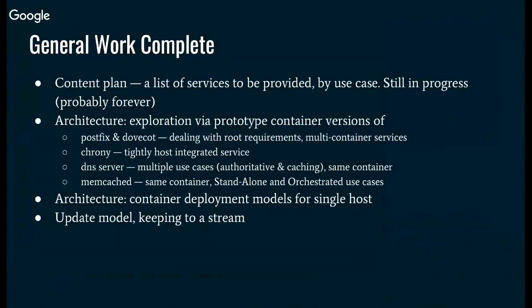We call that deployment model standalone versus, say, an orchestrated use case, which is something like an OpenShift type scenario. And we'd really like any of these containers we produce to be such that the same image can be used both in the standalone scenario with a particular set of configuration and in the orchestrated scenario with a different set of configuration.